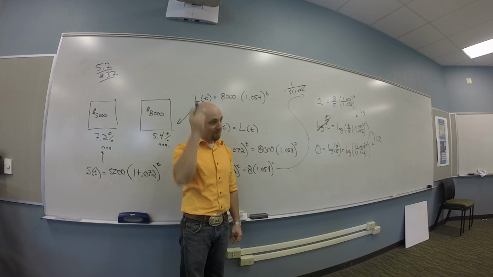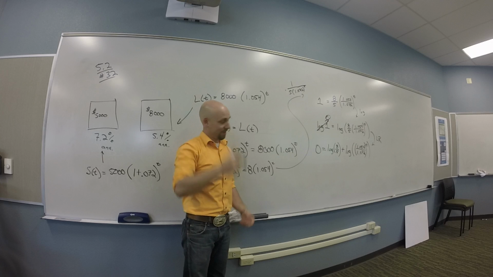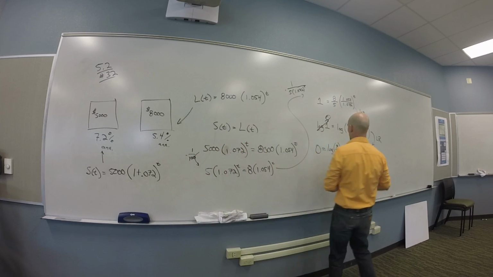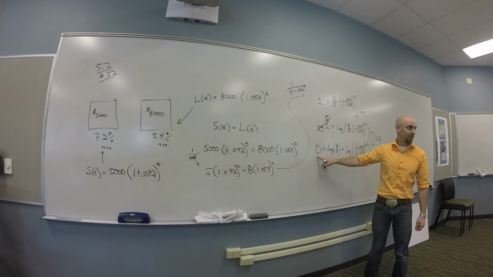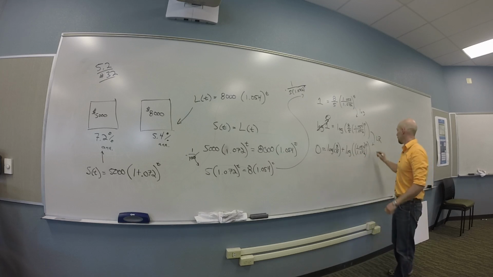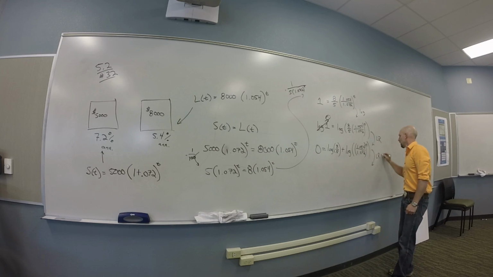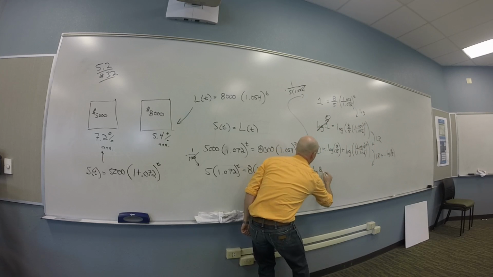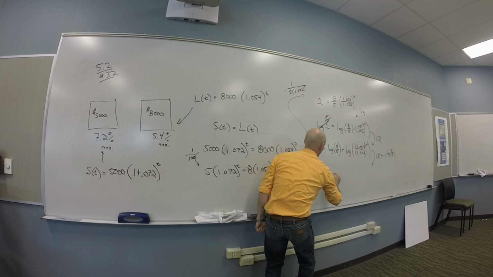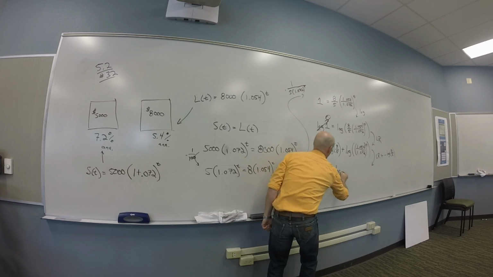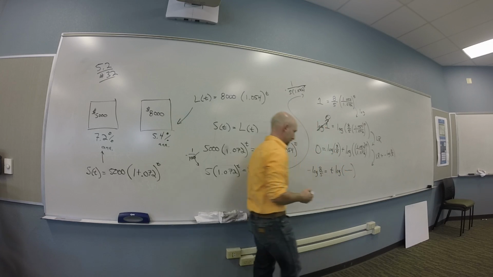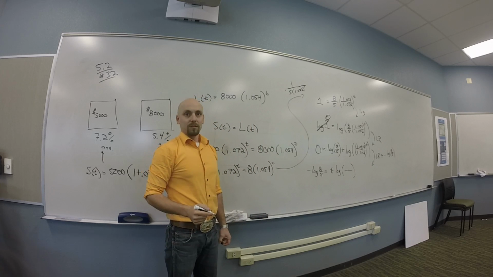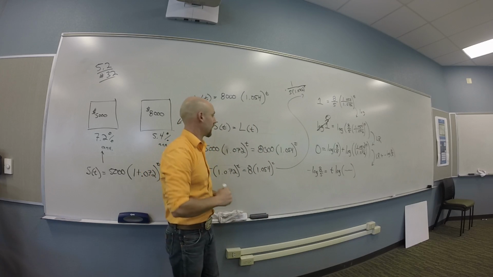Okay, so what do I need to do now? I gotta pull the t down, and I gotta move this log of 8/5 to the other side. So I'm going to use the log rule and subtract log of 8/5. So I got minus log of 8/5 is t times log of that number. Cool? Okay, then what?